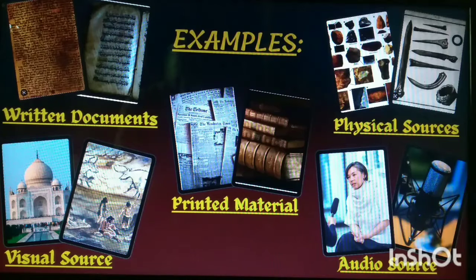Printed material includes newspapers, books, articles, essays written by someone at that period of time, or poems written by a poet. Physical source includes artifacts excavated during the archaeological site. Audio source can be the interview or the speech by great leaders.